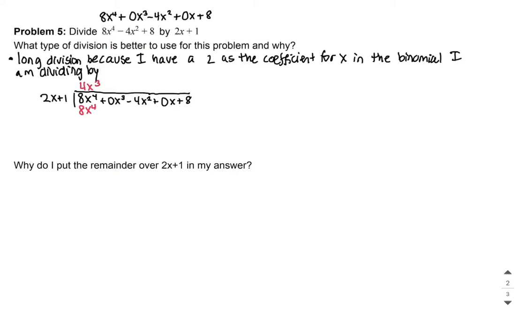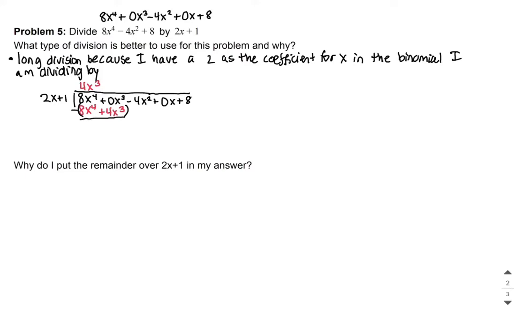So when I subtract, I get rid of that highest power term, and I'm working my way from highest power to lowest power. And then 4x cubed times 1 gives me 4x cubed. I am subtracting this amount. That's what I've taken care of so far by putting 4x cubed on the top.